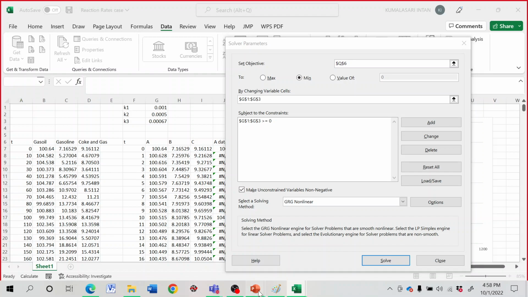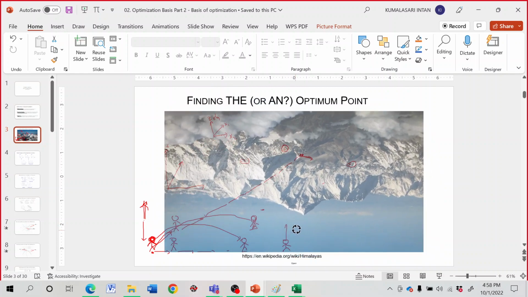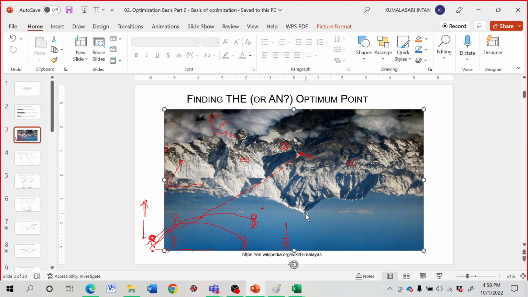What I'm doing is trying to get this guy, if it's somewhere here, put it over there, or if it's here, put it over there, in such a way that it can find the optimum value, or in this case the minimum. This is minimization. If you flip this the other way around, we'll try to find the minimum value over here.